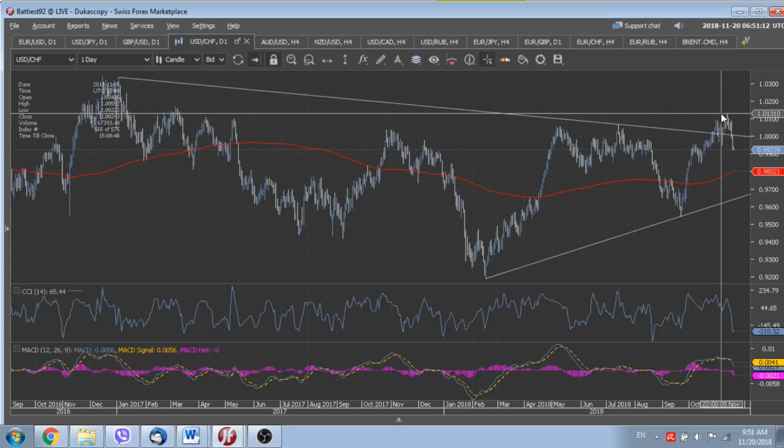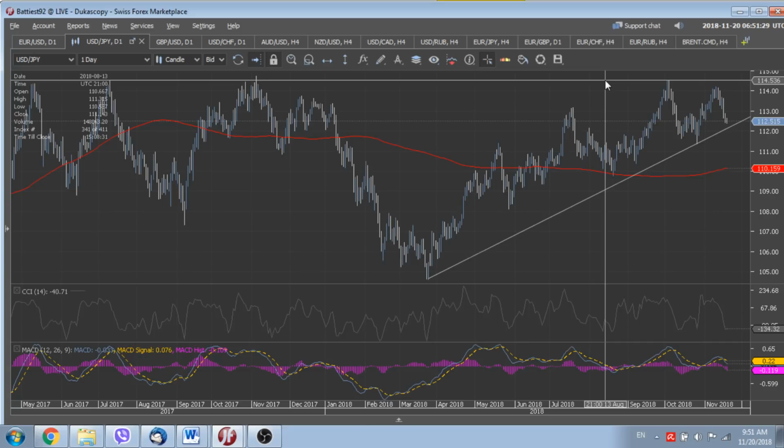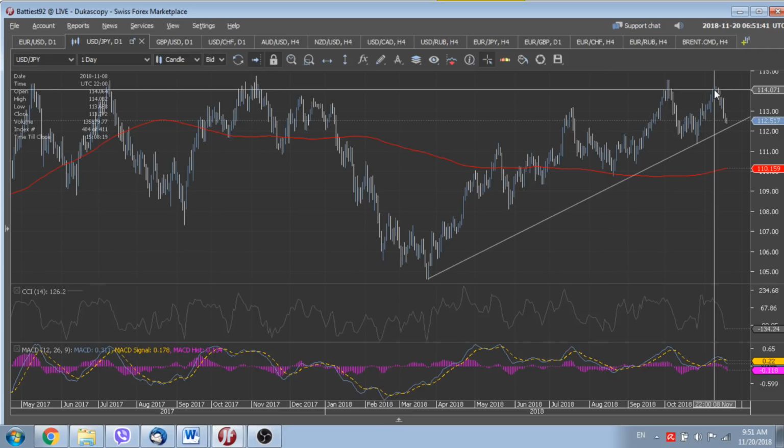The dollar yen in March was trading around 104.65, so below 105. But just a couple of days ago, the price in the dollar yen was about 114. So here as well we have around 10 big figures.